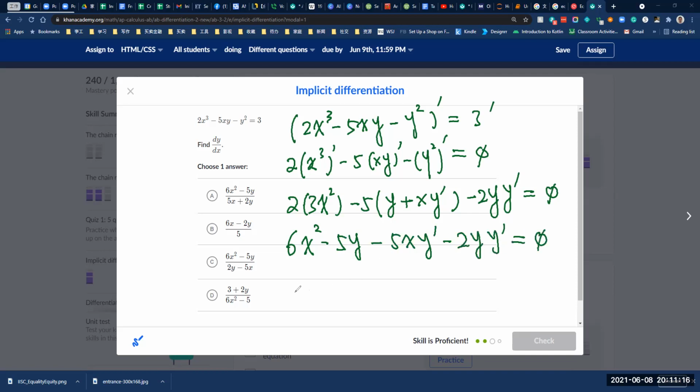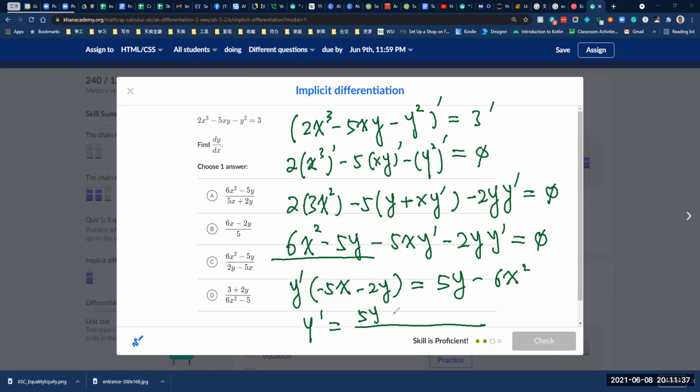And we combine the y prime. So y prime is negative 5x minus 2y. On the other hand, what we can move to the right-hand side becomes 5y minus 6x squared. So y prime then is 5y minus 6x squared over negative 5x minus 2y, and we can make that into positive.